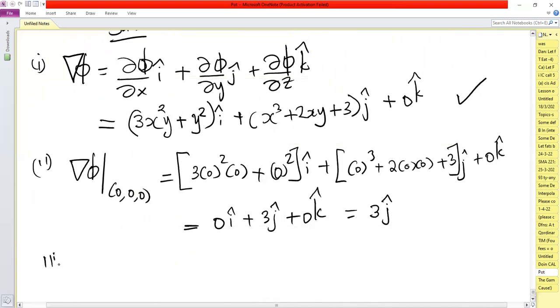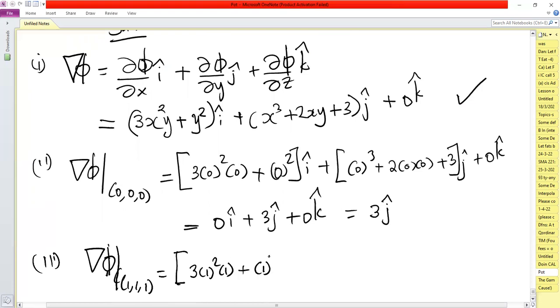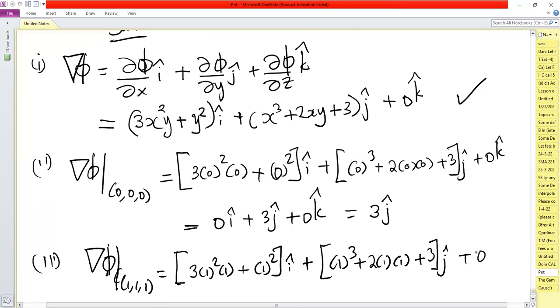So Roman 3, the gradient of phi at 1, 1, 1 will be given by 3 times 1 squared times 1 plus 1 squared i, plus 1 power 3 plus 2 times 1 times 1 plus 3 j, and then plus 0k.